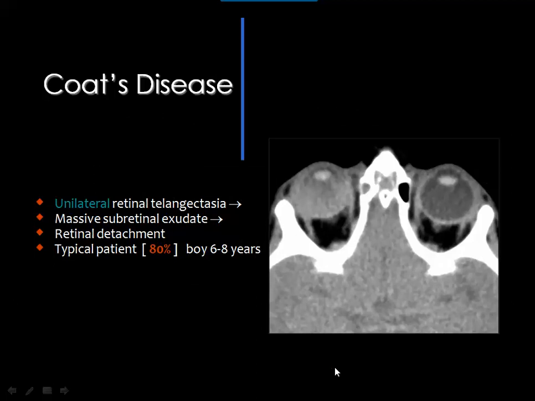Then you come to Coats disease, which is a unilateral disease, and it's not a congenital lesion, but it is usually seen in boys at the age of 6 to 8 years.